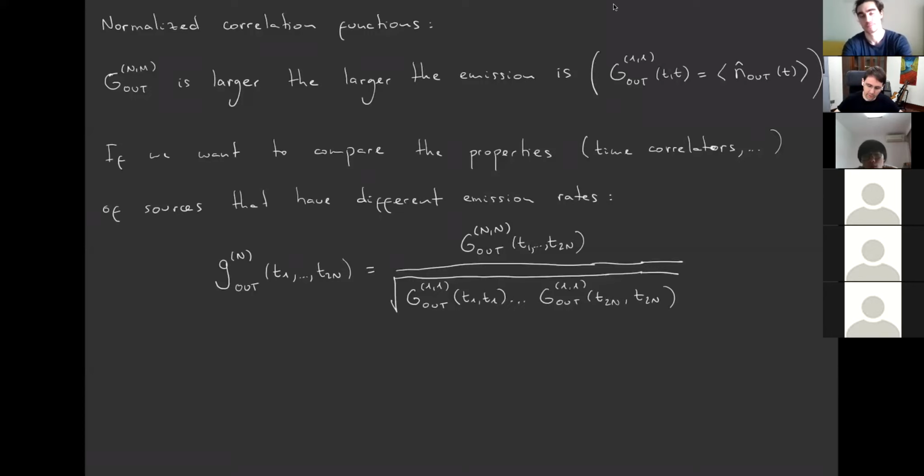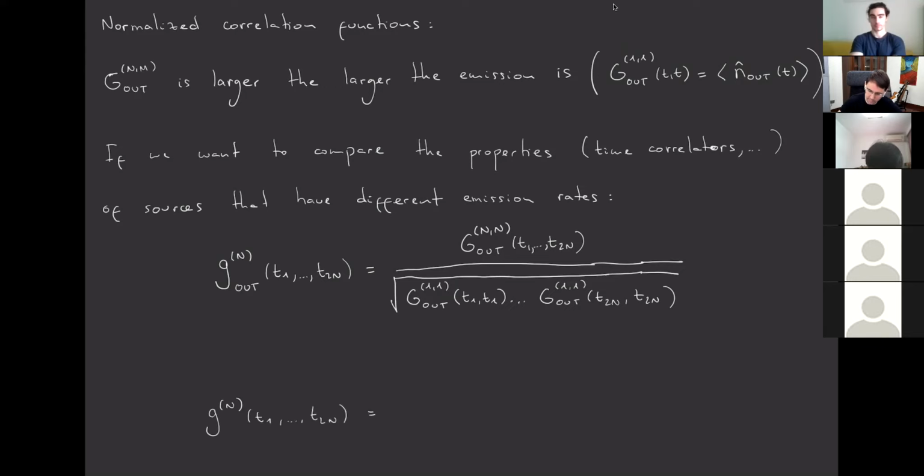So now it's clear that whenever a source emits more, then it will be normalized more strongly. And essentially all the correlation functions now will stay bounded between 0 and 2 or something like this, as we are going to see. Of course, we can do the same for the correlation functions of the system, so of the system operators.